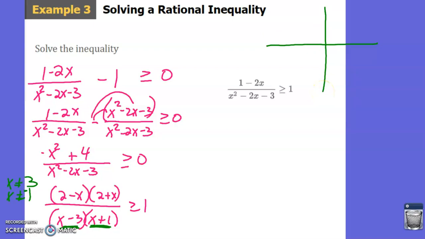Okay, so we have vertical asymptotes at positive 3, and we have it at negative 1. So that's what the graph's going to look like as far as asymptotes.